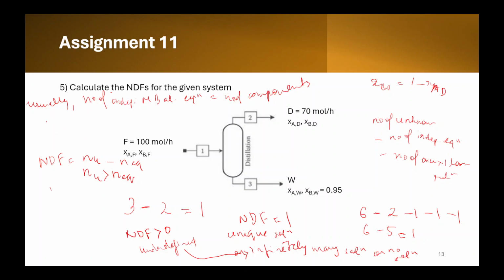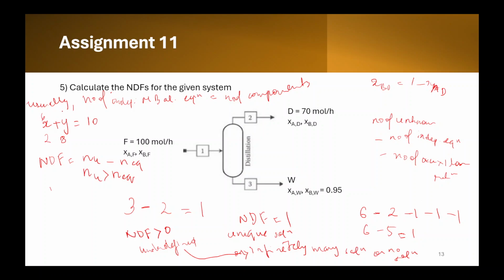Or I can give an example as well. A basic example: suppose there is a system with two variables, and the equation is x plus y is equal to 10. Now there are two variables, but only one equation given. So x can take any value and y can take any value to satisfy this equation. If x is 2, then y will be 8.